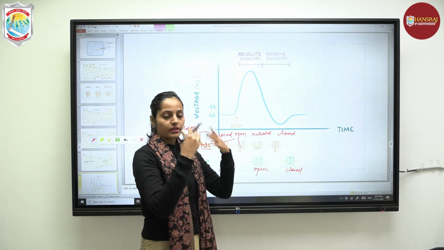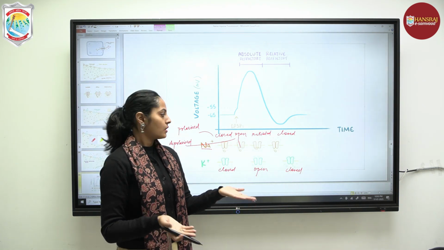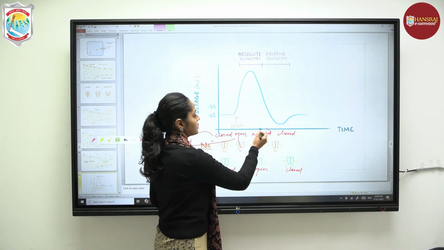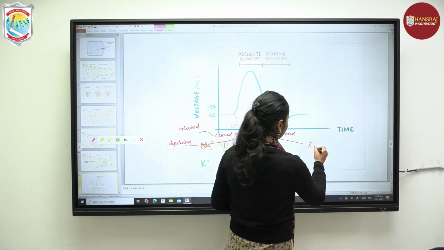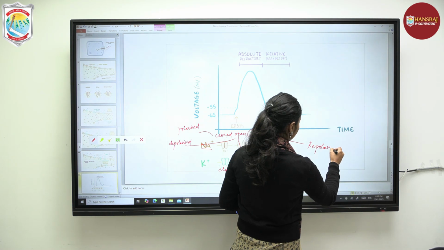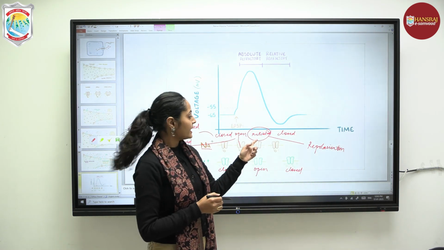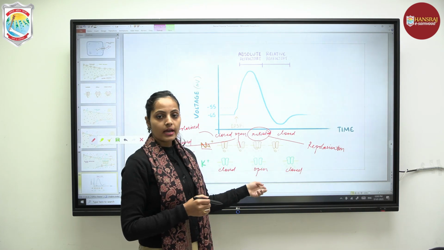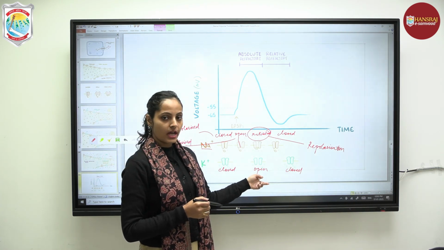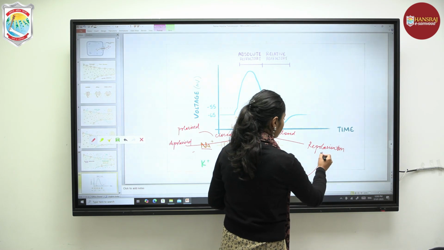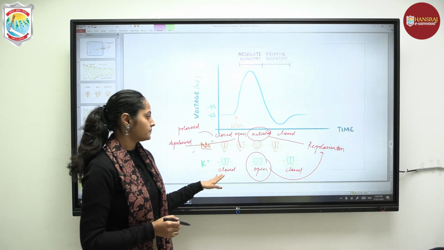Then there is repolarization. What happens to the sodium channels? Voltage gated sodium channels become inactivated. This is during repolarization. They become inactivated, whereas the voltage gated potassium channels open, as a result of which potassium moves out.